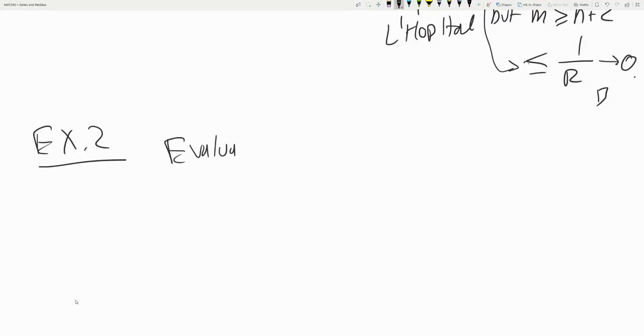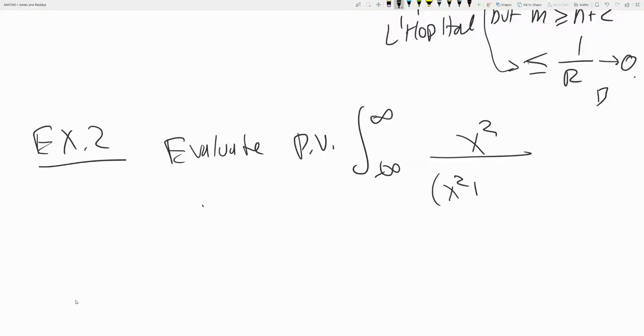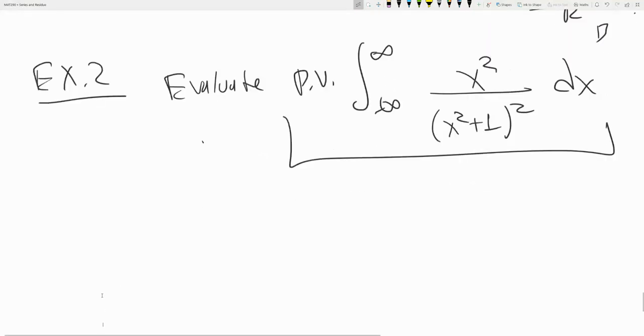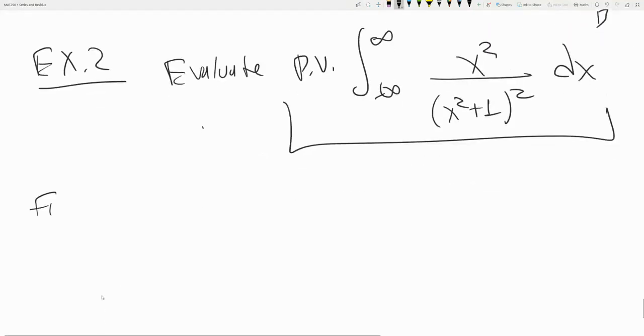Evaluate the PV of x squared over x squared plus 1 squared. Okay, so this is a ratio of polynomials. First complexify.